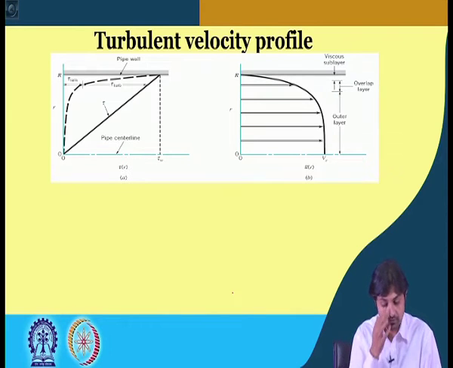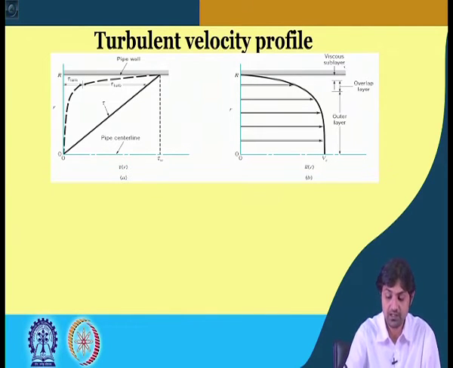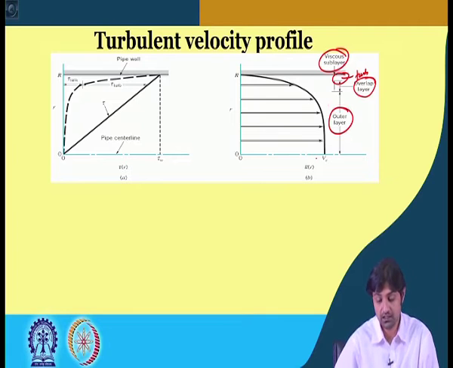This is a figure showing different areas in a pipe flow, the layers. The area near the wall is called the viscous sublayer, then there is the turbulent layer, then an overlap layer, and then an outer layer until the center line.